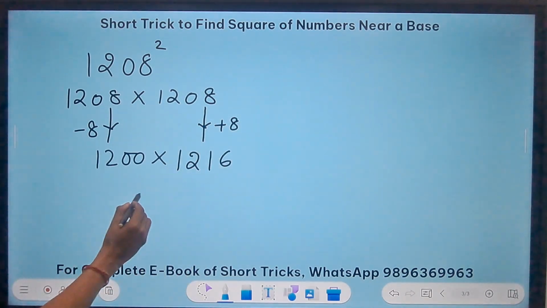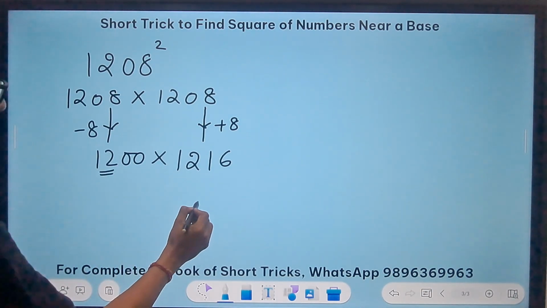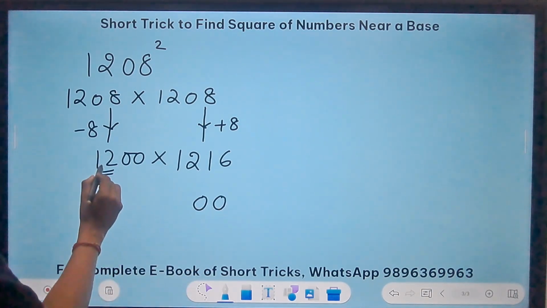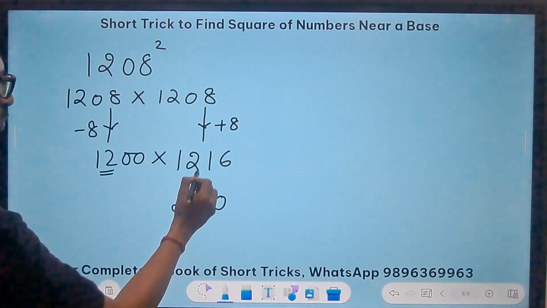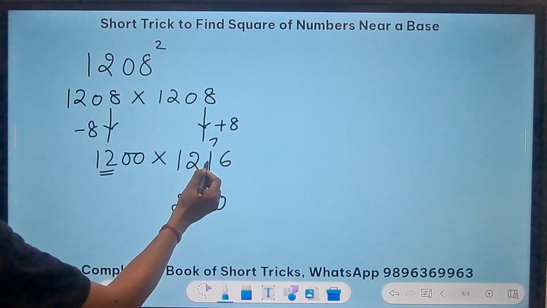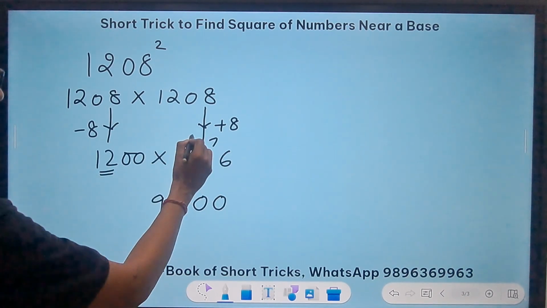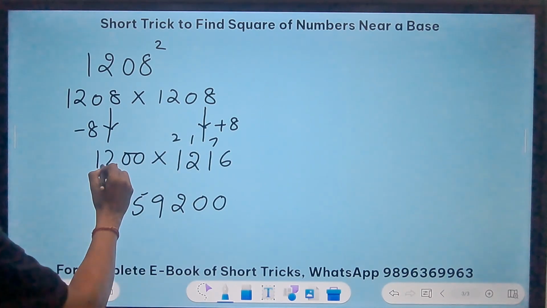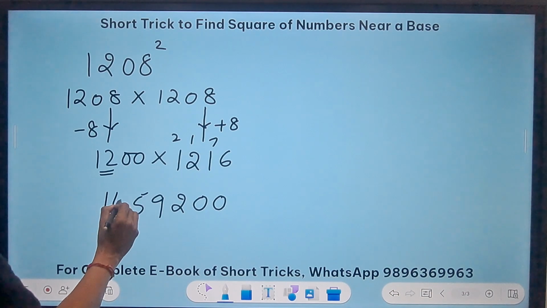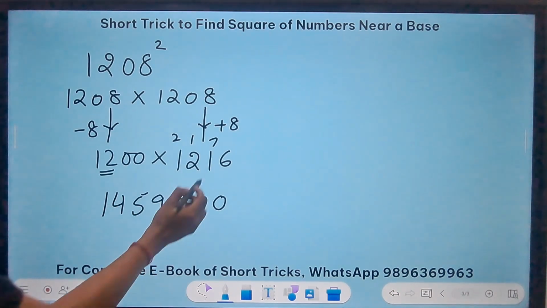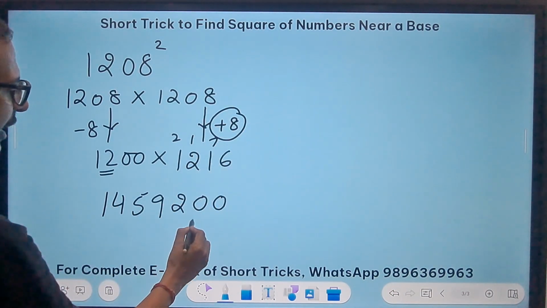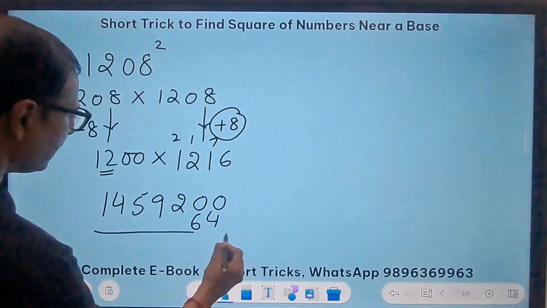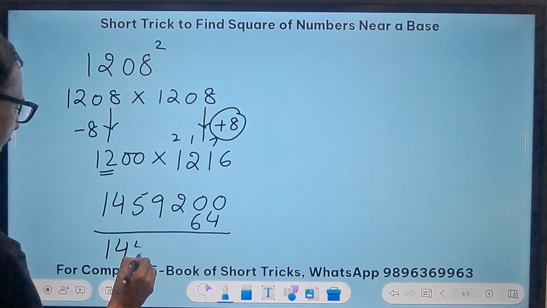Now the multiplication part. So I know the 12 times table. So 0, a 0, 12 6 are 72, 2 and a 7. 12 ones are 12, 19, 9 and a 1. 12 twos are 24, 25, 5 and a 2. 12 ones are 12 and 2, 14. So 1459200. Add what? The square of 8, 64 to the result. My answer is ready.